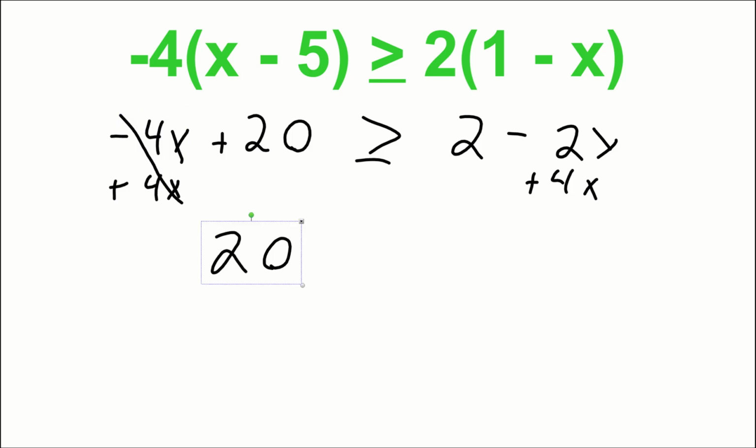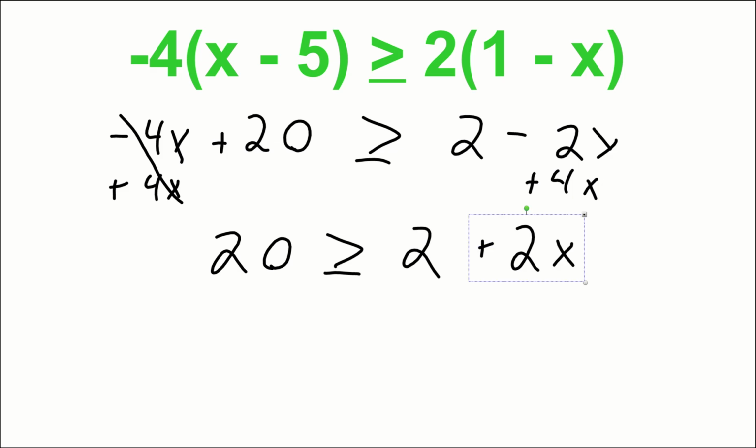So we got 20 greater than or equal to 2. Now the signs are different there, the minus 2x and the 4x. So we subtract, use the sign of the bigger number, that becomes a plus 2x then. And we're just solving, doing opposite. Addition and subtraction first.